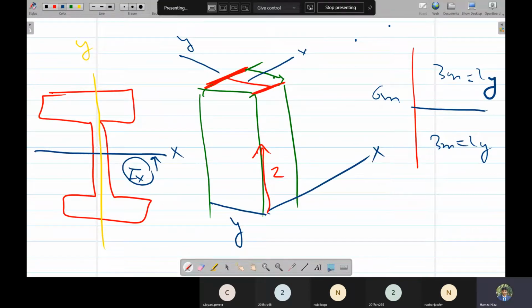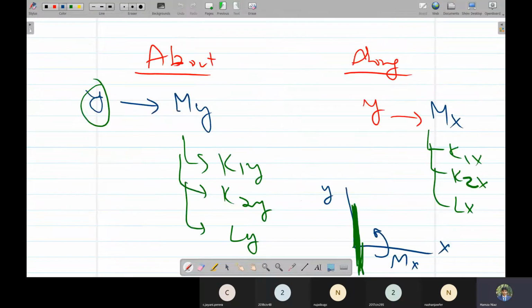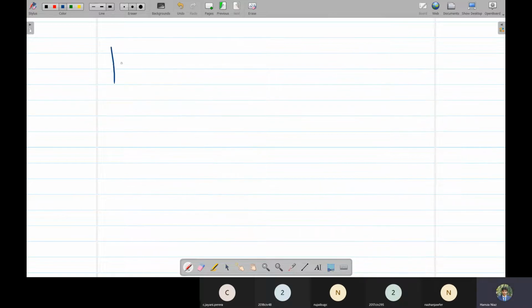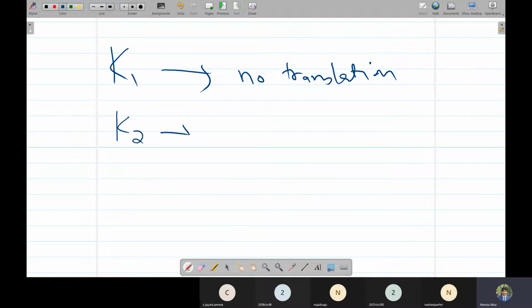So for example, k1 we call the effective length factor for no translation, that there is no lateral movement. K2 is the effective length factor for lateral movement or lateral translation.